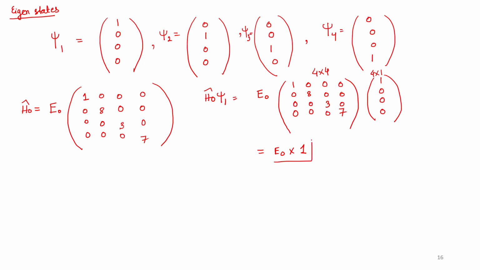So this is the energy for the first state, E1 is E naught times 1. E2 is going to be 8 E naught, E3 is going to be 3 E naught, and E4 is going to be 7 E naught.